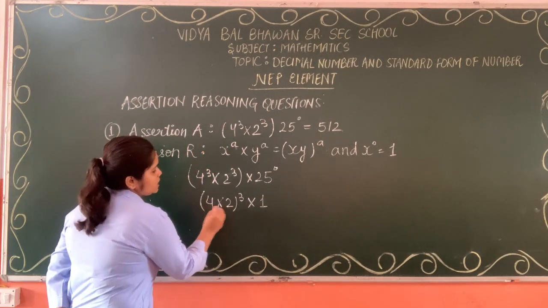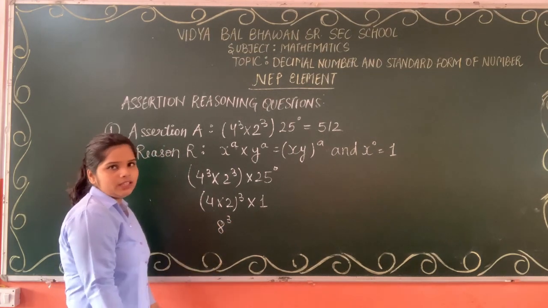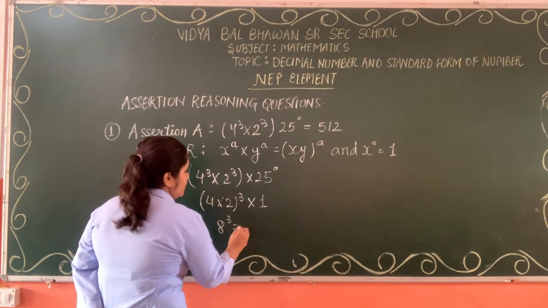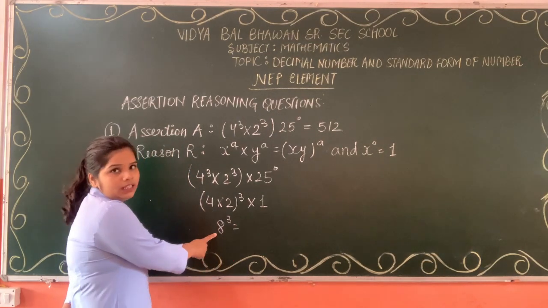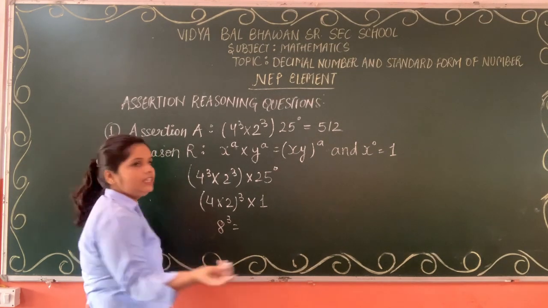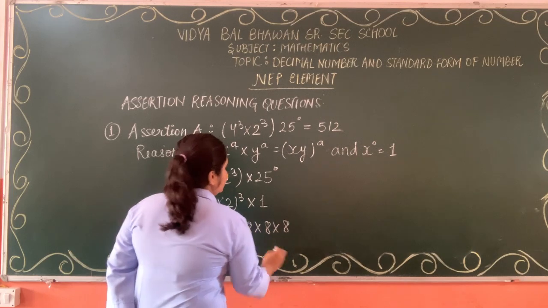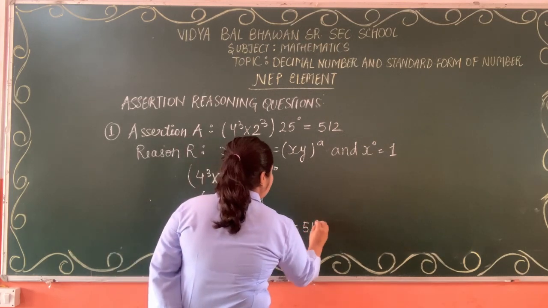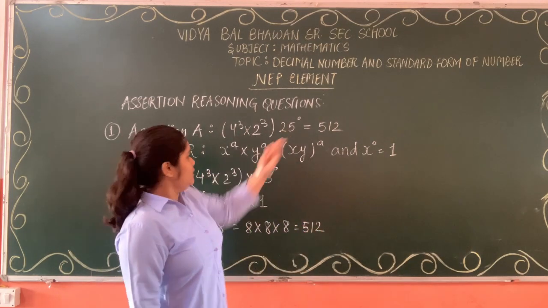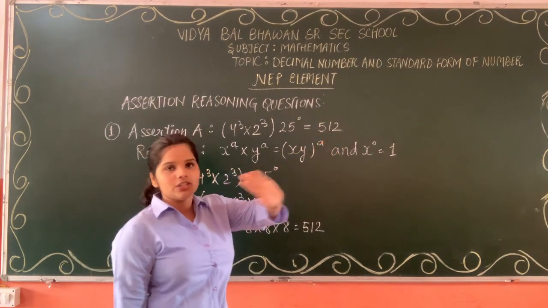So 4 2s are 8, 8 raised to the power 3 multiplied by 1 is 8 raised to the power 3 only. This doesn't mean 8 multiplied by 3, it means 8 multiplied by itself 3 times. So it is 8 times 8 times 8, that gives you 512. So the solution is coming 512, that means the assertion is true.